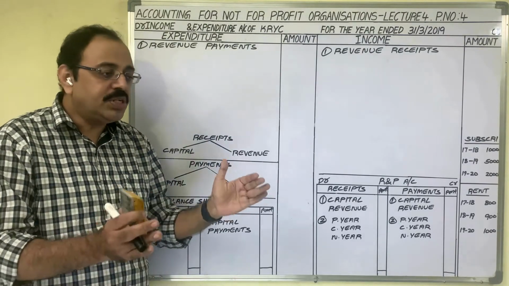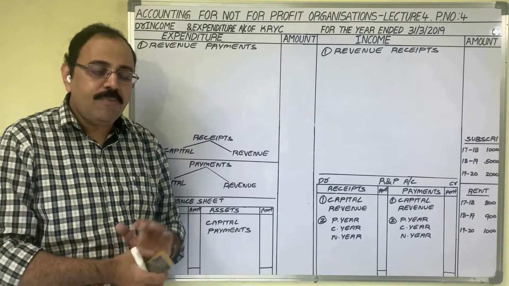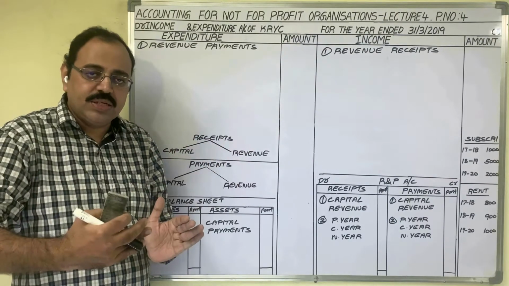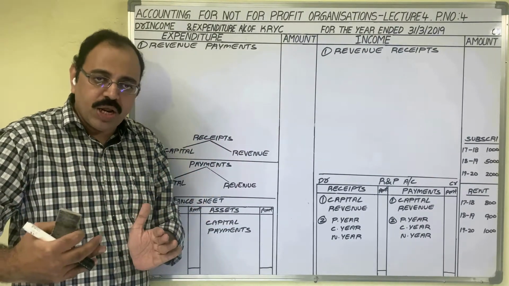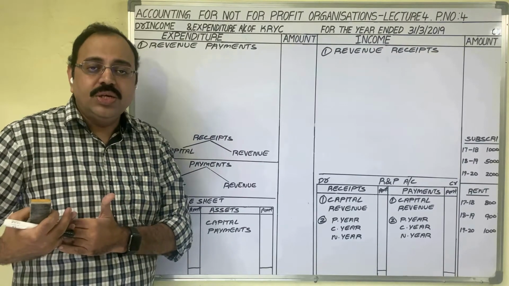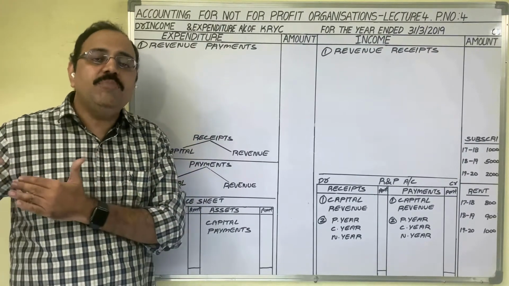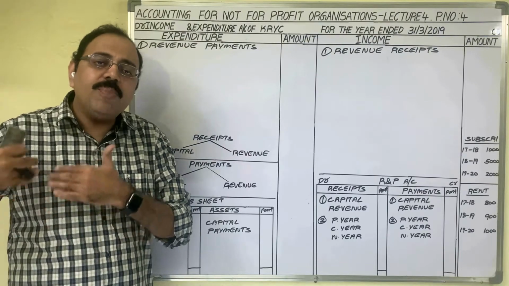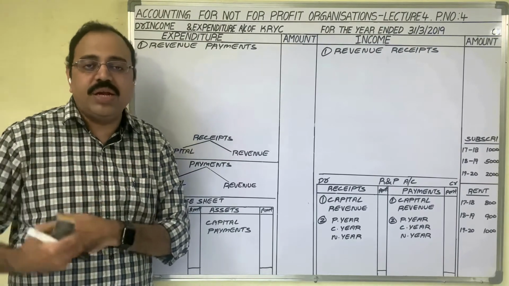Suppose the company purchased a new machine and used it for 10 years. Now the machine became older and slowly started giving troubles. So to maintain that machine, the company is regularly spending some amount on repairs.